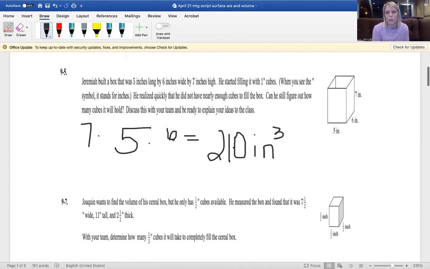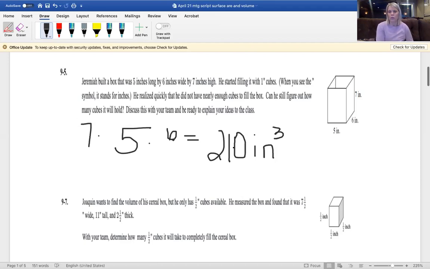Now think about what they're showing you in the picture. They're showing you a little cube, but it's not a 1 by 1 by 1 cube. It's only a 1/2 by a 1/2 by a 1/2 inch cube, which makes a difference, because the formula for finding volume is 1 times 1 times 1, not 1/2 times 1/2 times 1/2.